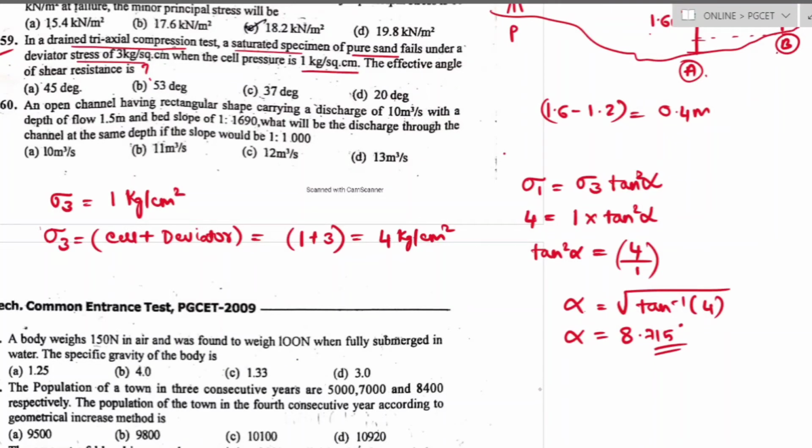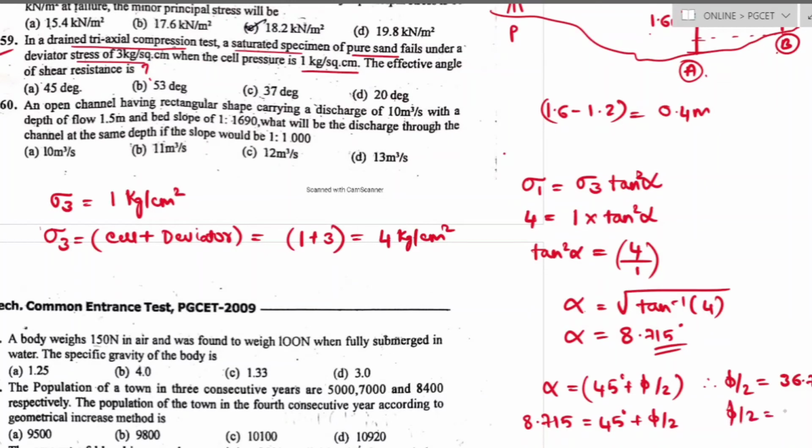So the effective angle is given by alpha is equal to 45 plus phi by 2, so 63.435 is equal to 45 degree plus phi by 2. So phi by 2 is equal to 18.39 degree, so the effective angle is around 37 degree. So option C is the right answer, 37 degree.